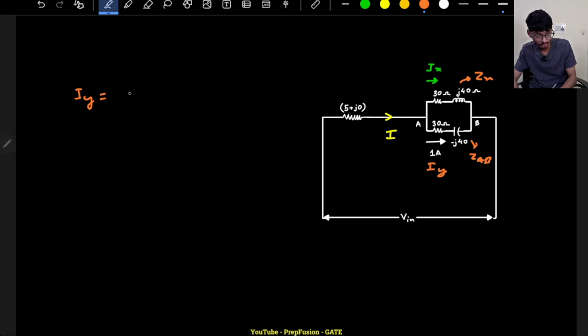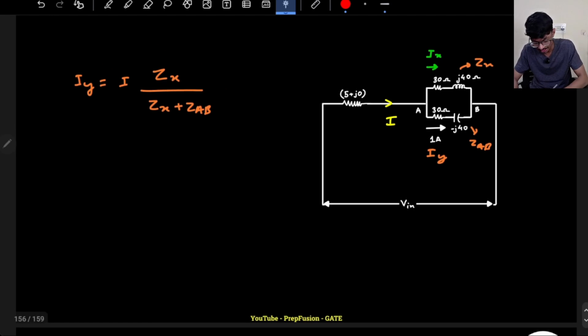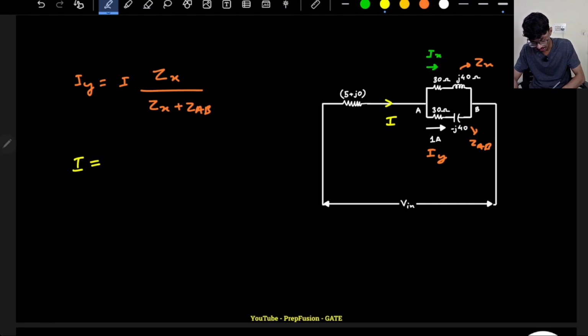I hope you remember the current division rule. It was I, the input current, into the opposite impedance Zx, divided by the summation of both the impedances, Zx plus Zab. Without even calculating the value of Ix, I am directly calculating the value of I from here. This is method 2, current division.